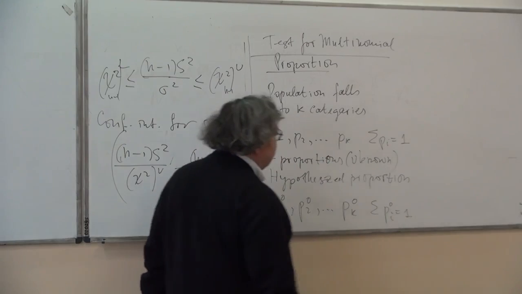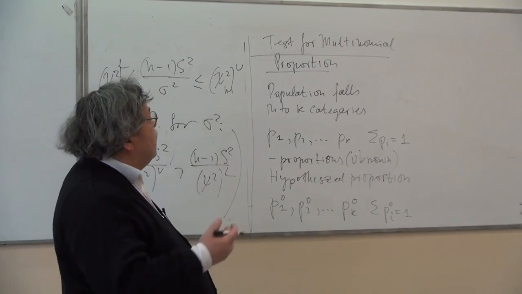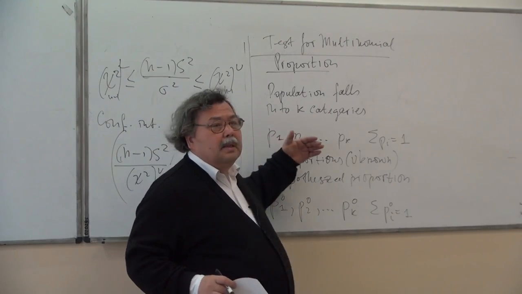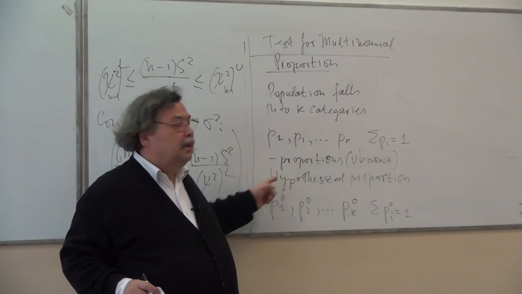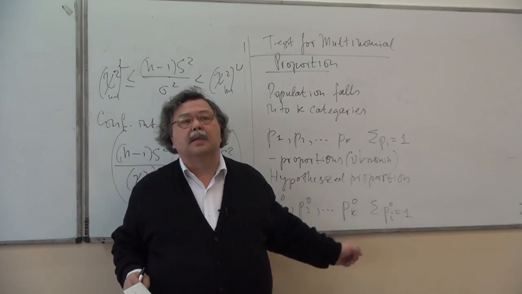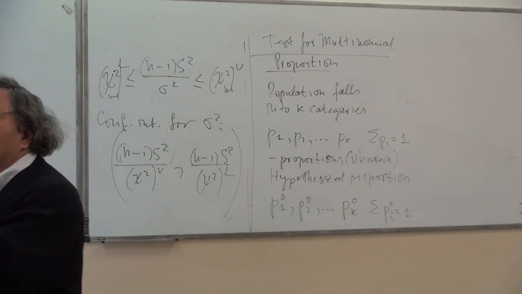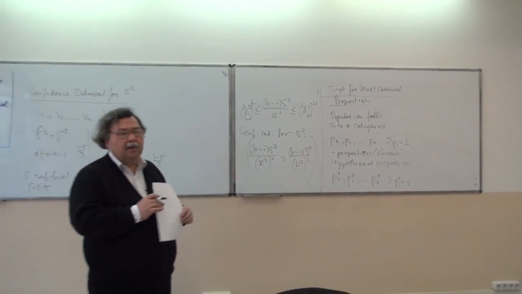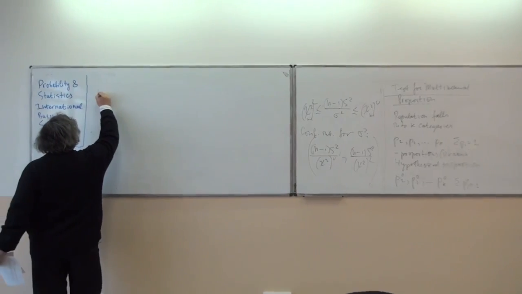Now the question that we ask here, because it's a testing problem: are these actual proportions equal to this hypothesized proportion? Is the population divided into these classes following these hypothesized proportions or not? Let's write it this way.